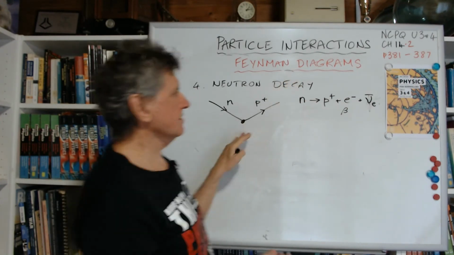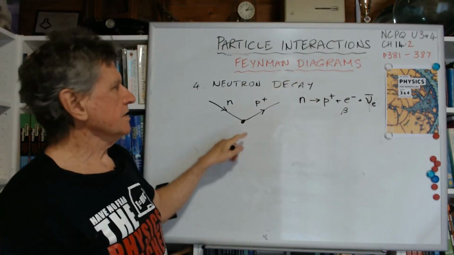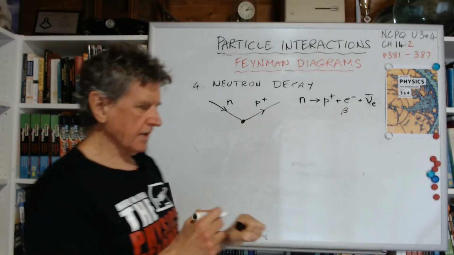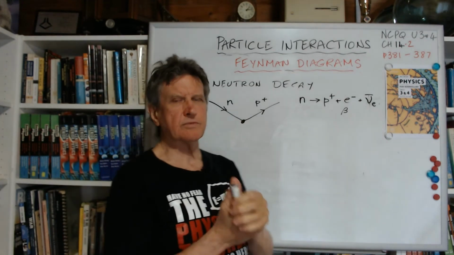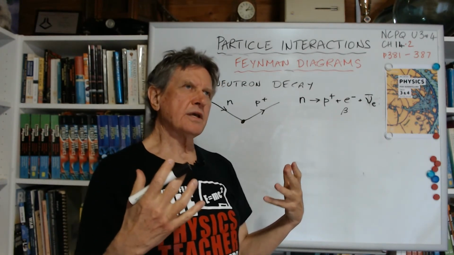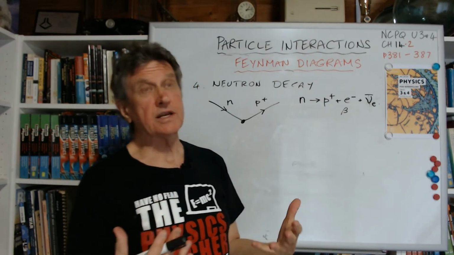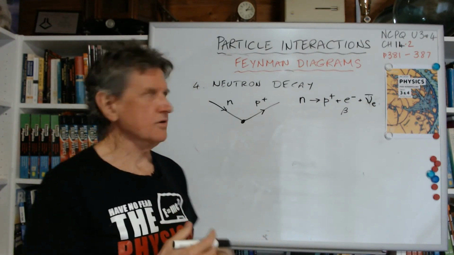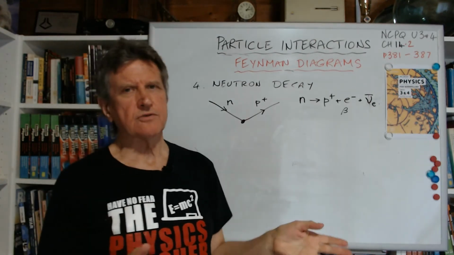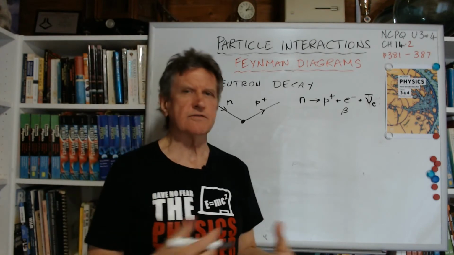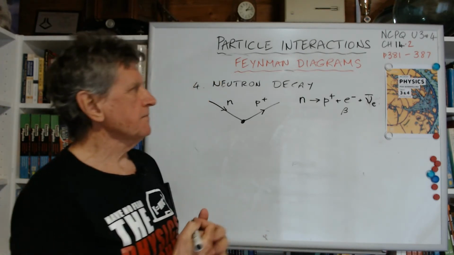Now if you remember back to when we did fundamental forces and the three different types of forces explained under the standard model, one of them was the weak force. And you might remember the weak nuclear force was explained by the decay of a W plus or a W minus particle.